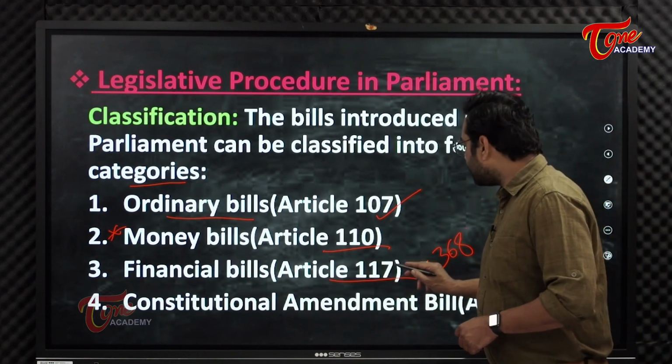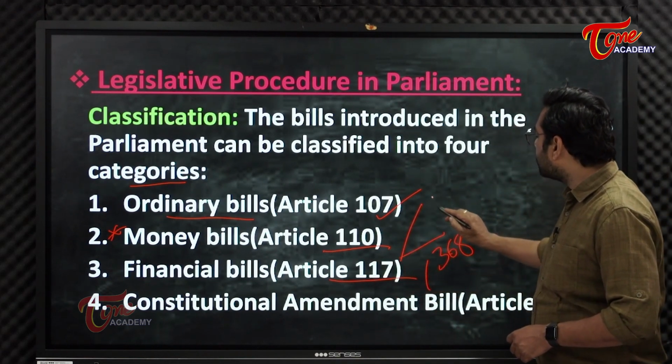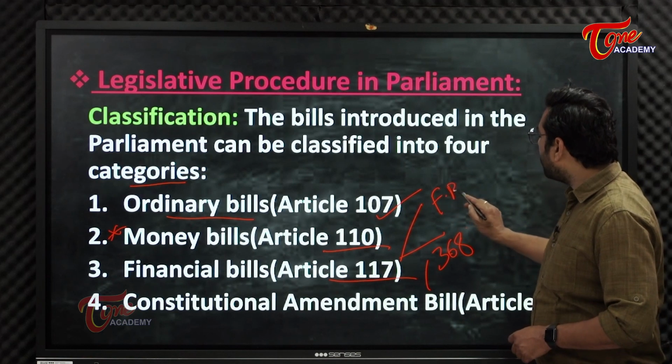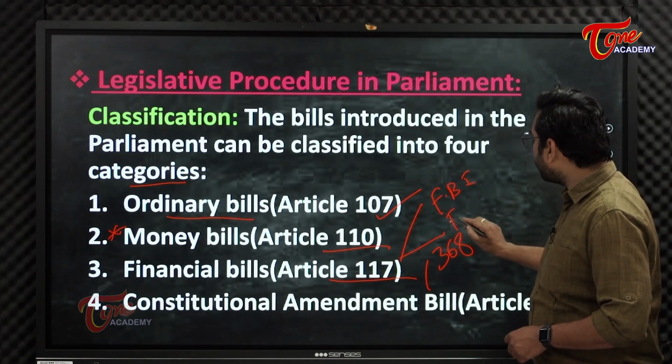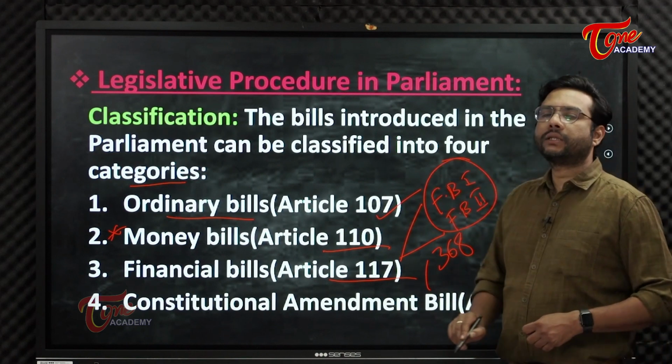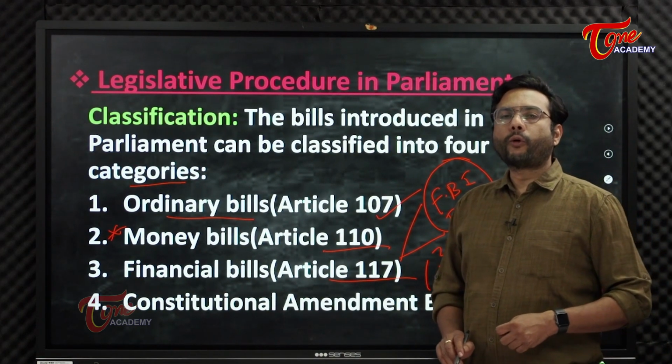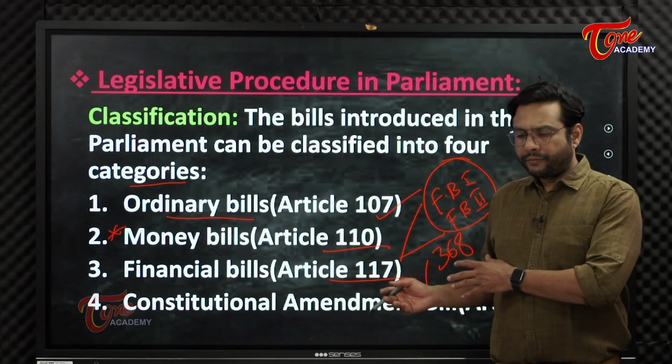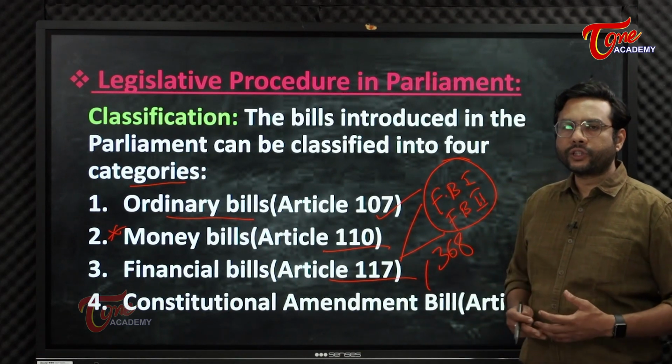Even under financial bill, we have two kinds, that is financial bill 1 and financial bill 2. Again, we will discuss this, which is also important from the point of view of examination, because we will get a few questions from this.